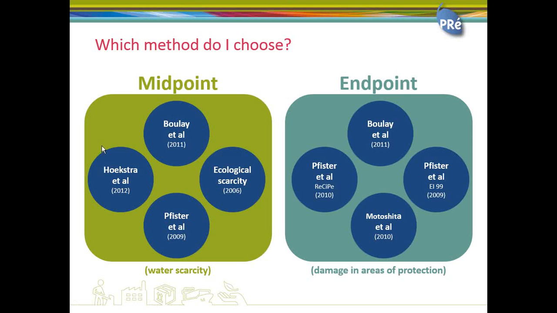The midpoint water scarcity just looks at freshwater consumption and does not take into account water degradation. But you can easily calculate that using other impact assessment methods and then display your results as a profile showing your water use impacts. Great.